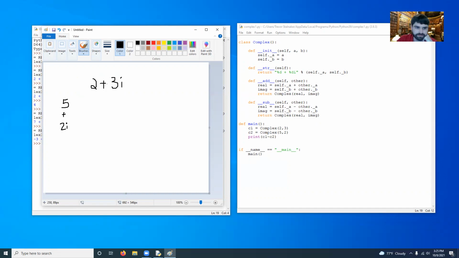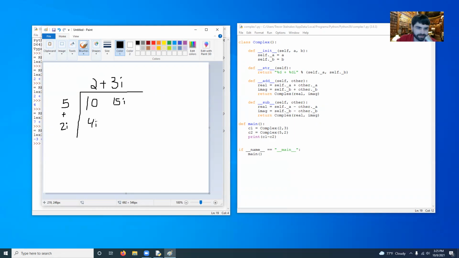I don't have them written in the FOIL format, but we're basically just going to do FOIL. So 5 times 2, it's 10. I like to do it in a table. It helps me make sure that I keep it all straight. Then 5 times 3 is 15. Don't forget your i. 2 times 2 is 4.